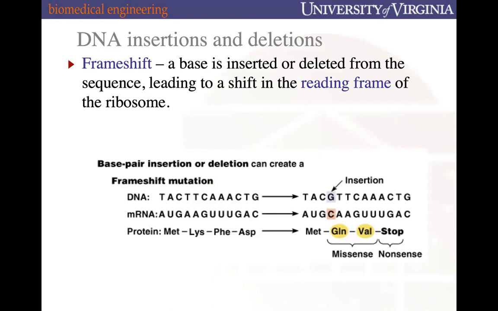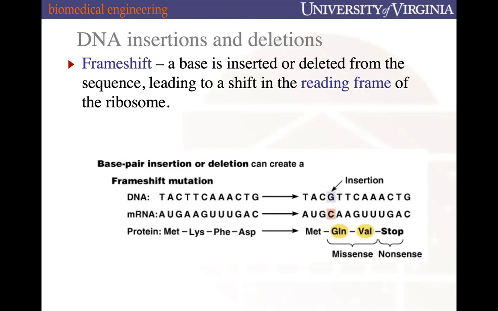And so for NOD2, this leads to what we call a frame shift mutation. There's one base pair that's either inserted or deleted.